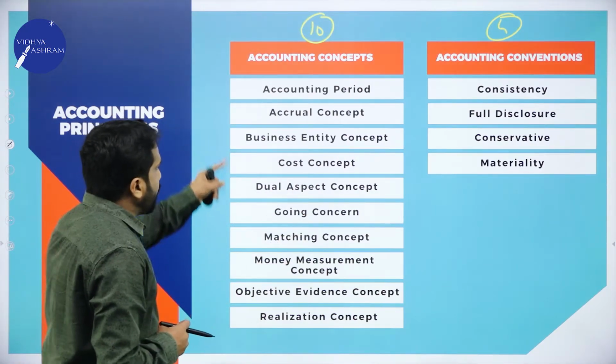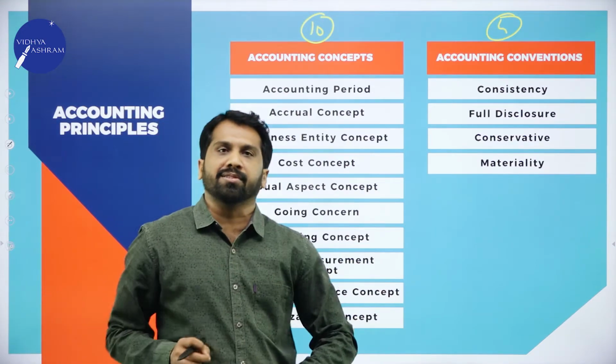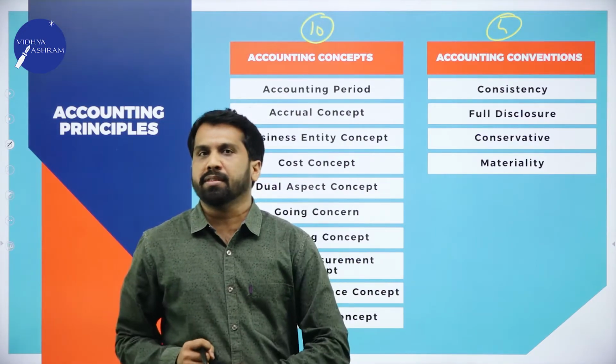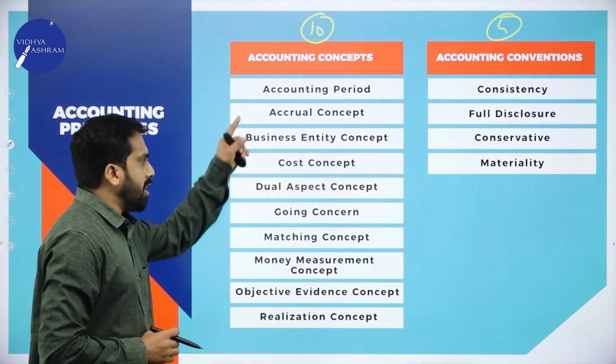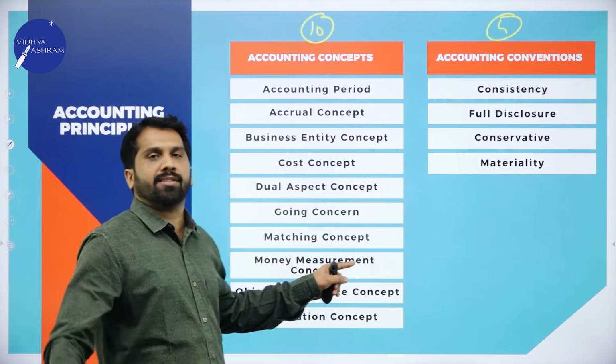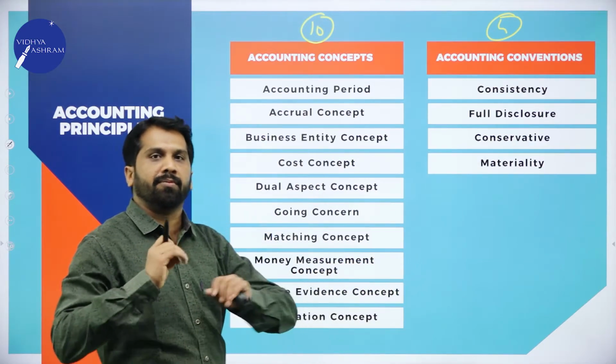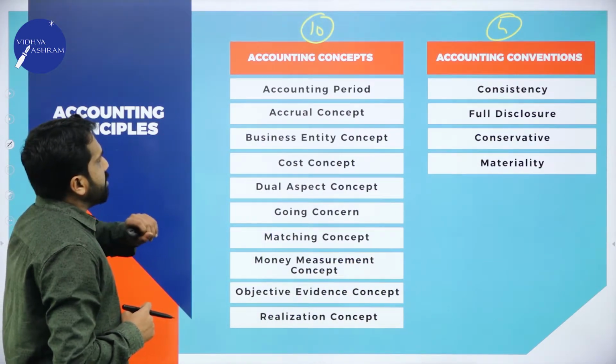Now, how many concepts are there? Total 10 concepts. How to remember this? As I told you, in your accountancy class you have logics, and along with logics you have magics also. What are the concepts?